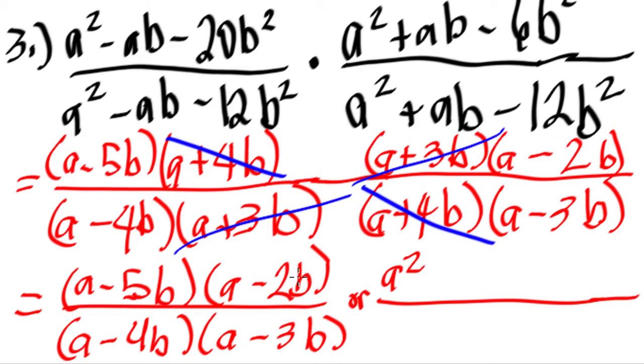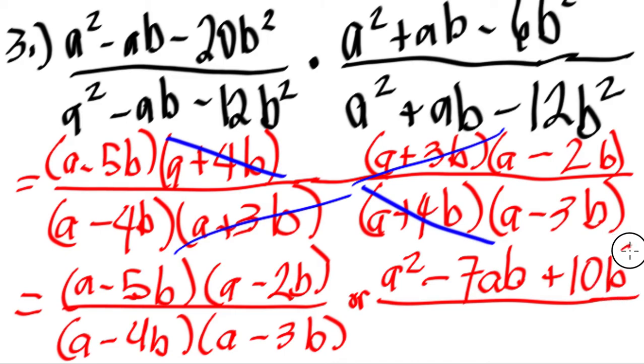So negative 2ab minus 5ab is going to give us minus 7ab. And then negative 5b times negative 2b is going to give us positive 10b squared.